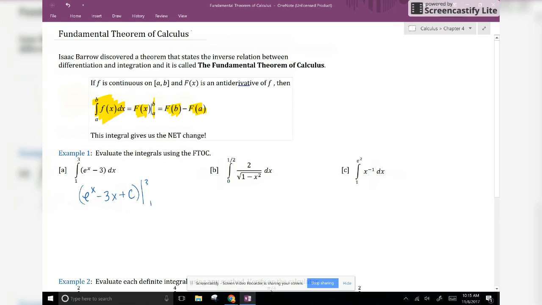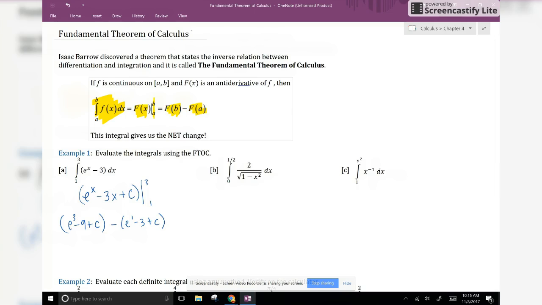So what does that mean? That means I'm going to plug in a 3, and I'm going to plug in a 1, and I'm going to subtract those two things. So e cubed minus 9 plus c, all of that is when you plug in a 3, minus, now plug in a 1, e to the first minus 3 plus c, and you might already notice what will happen to our good friend c, the constant.